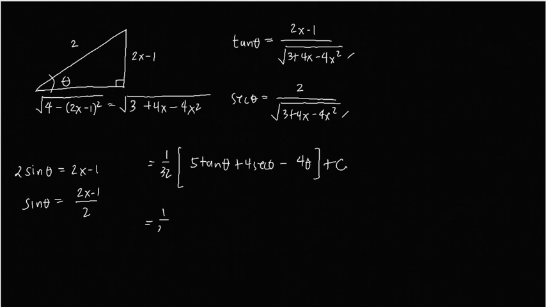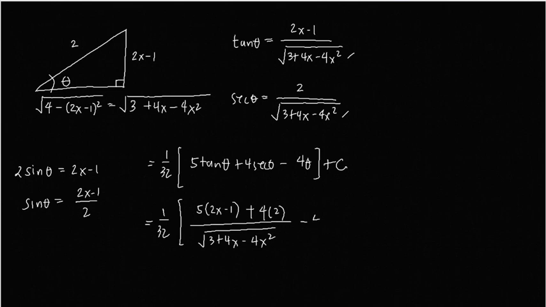So we have 1 over 32 times 5 tangent of theta. So we multiply the numerator by 5, 2x minus 1, then plus 4 secant of theta. So we multiply this by 4. So 4 times 2 all over the square root of 3 plus 4x minus 4x squared.